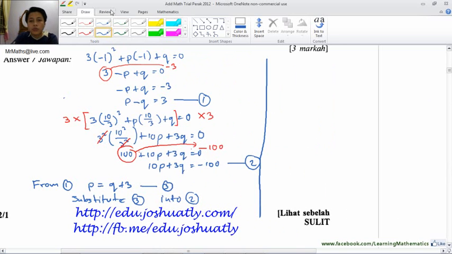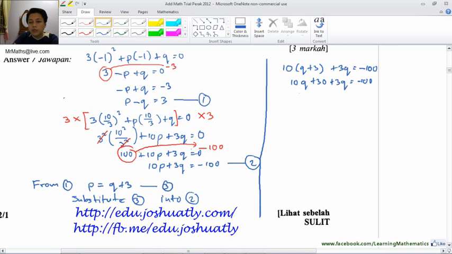So what will happen? Then 10p plus 3q is negative 100. So p now is q plus 3, and then plus 3q, that's equal to minus 100. Alright, so 10q plus 30 plus 3q equal to minus 100.